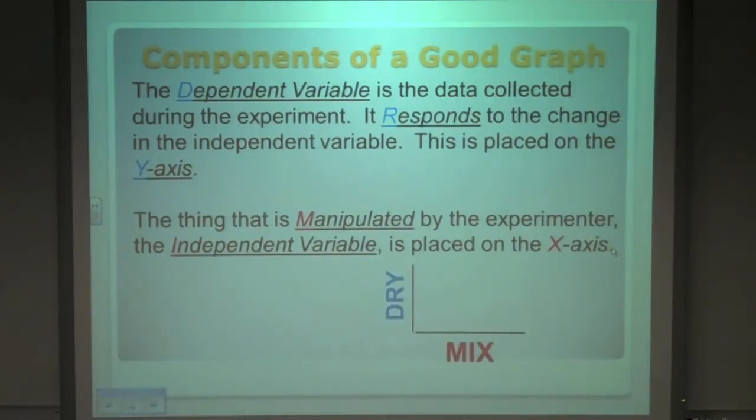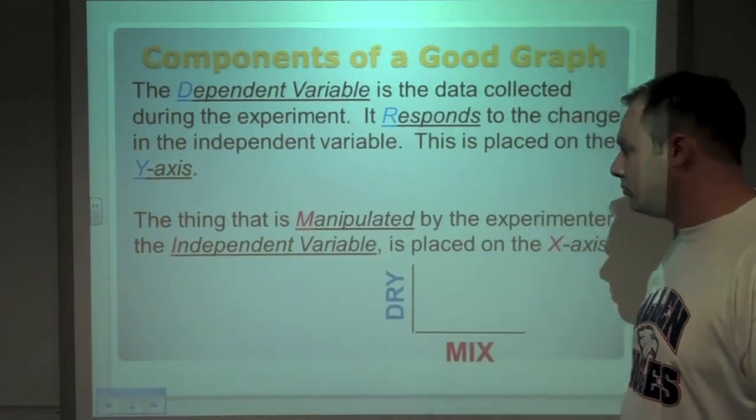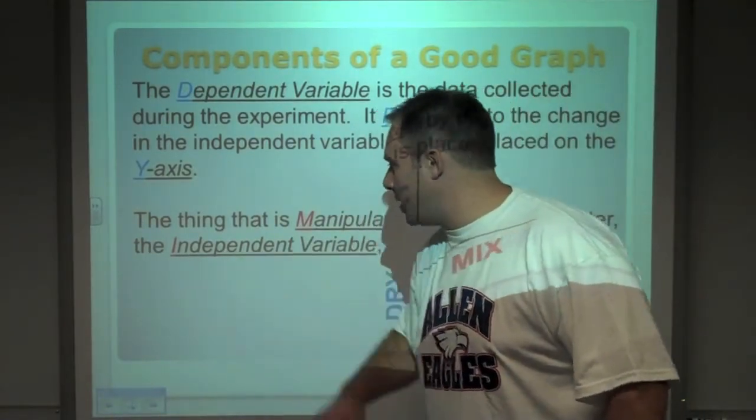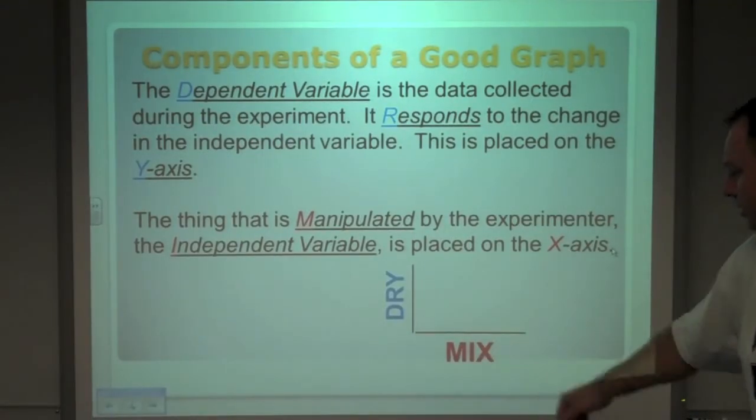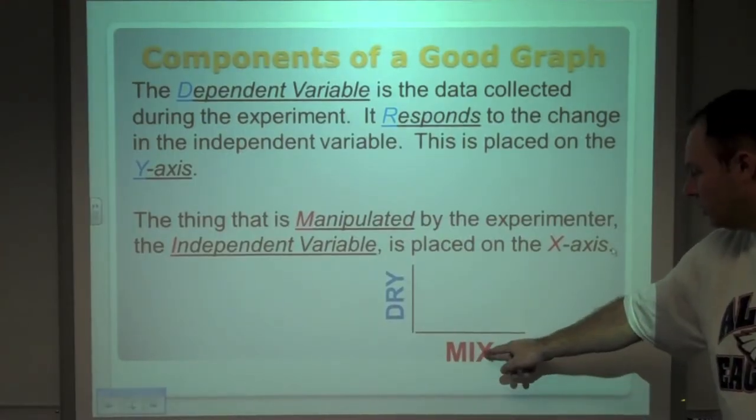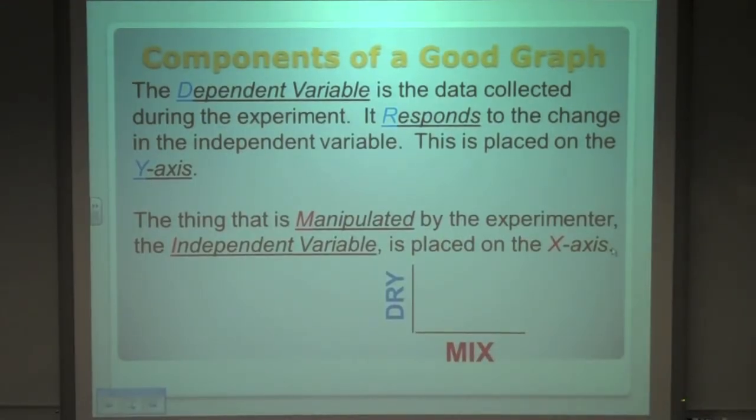Then we have the manipulated variable, also known as the independent variable, and we're going to place that variable on the x-axis. That gives us mix: manipulated or independent variable on the x-axis. So it's a real easy memory tool, dry mix. If you can remember dry mix, you can easily remember where the independent and dependent variables go on your graph.